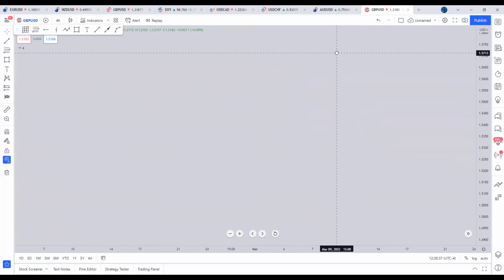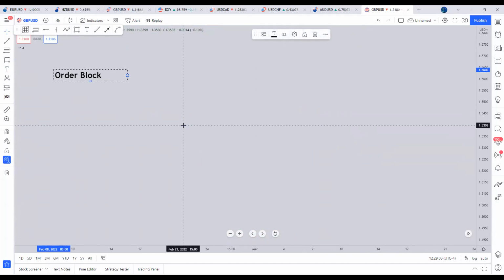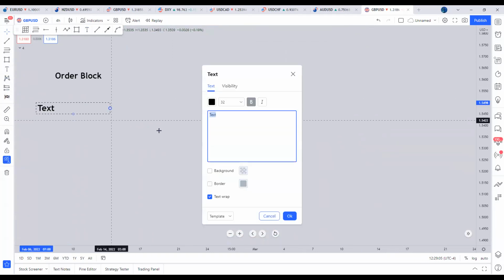Let's go lower. Now, the order block is going to be a little simple, but first we do need to put some things out of the way.